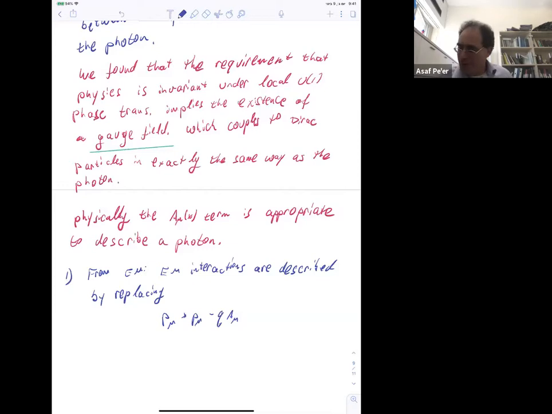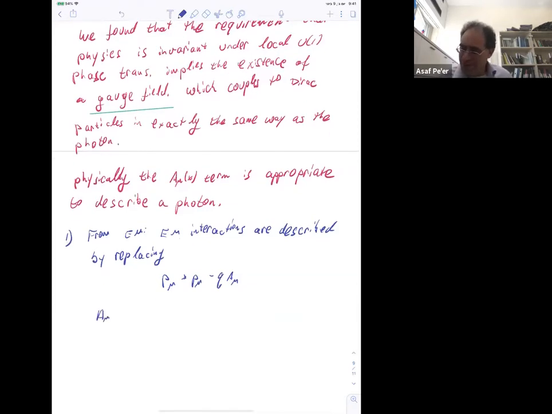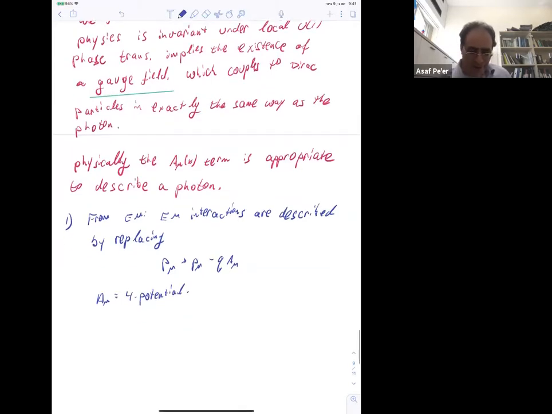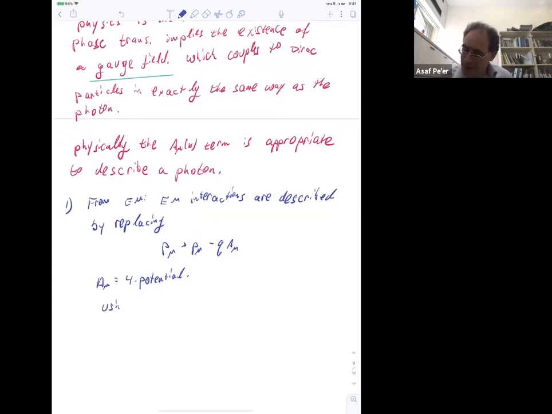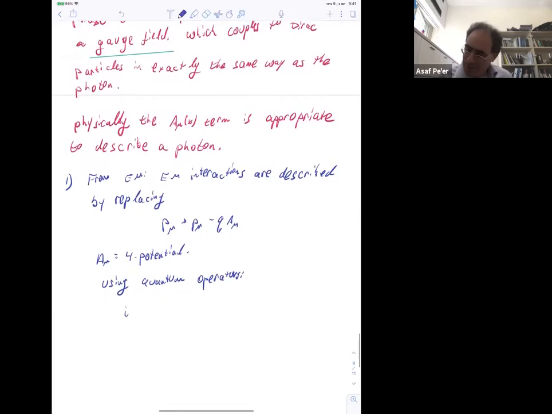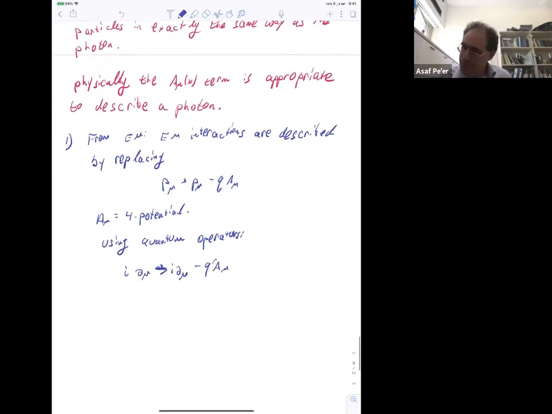Of course, A mu is the four-potential. Now, when we use quantum operators, i d mu goes to i d mu minus Q A mu, where A mu is an operator.